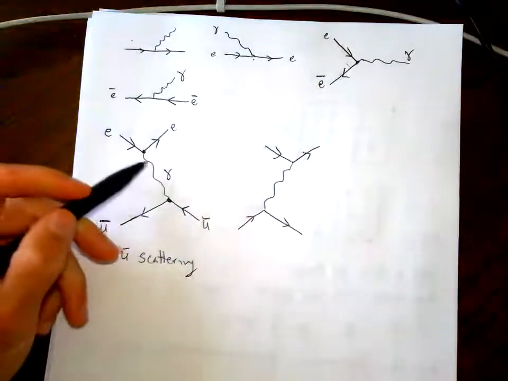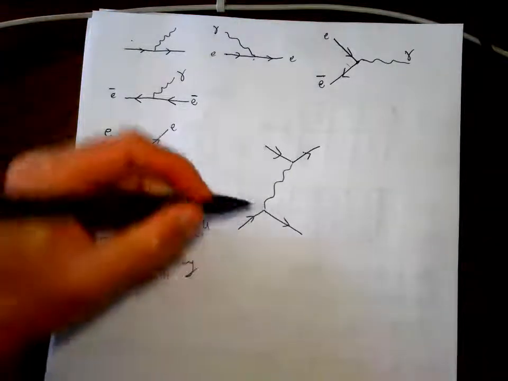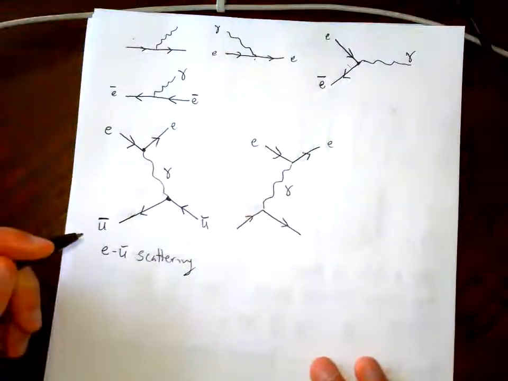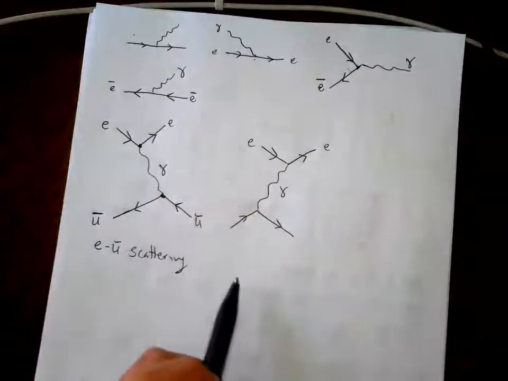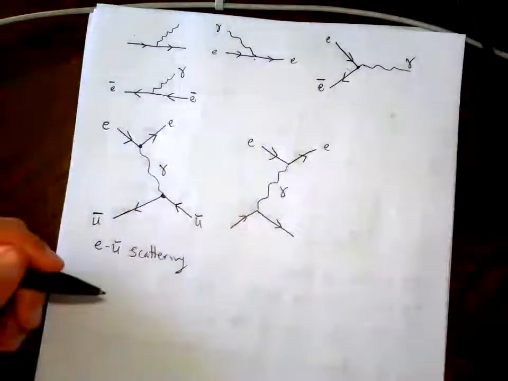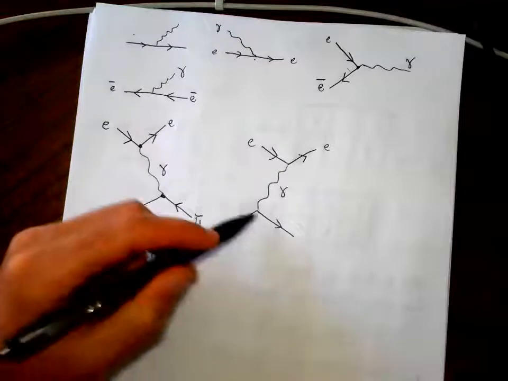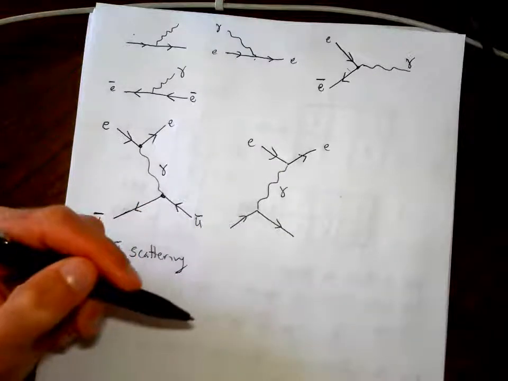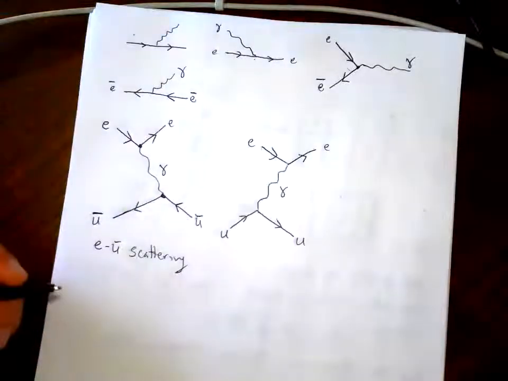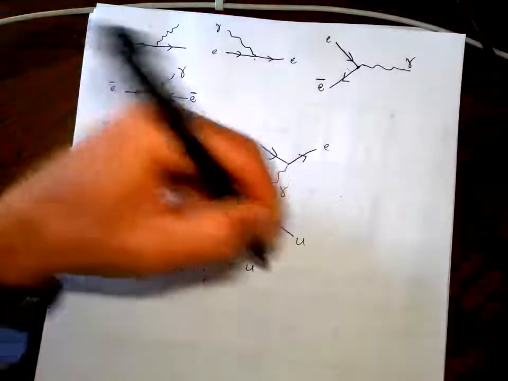So it doesn't matter really which comes first. So in this diagram, the electron emitted the photon. And in this diagram, the electron absorbs the photon, you see. Notice how this arrow, I was sneaky. This arrow is now going with the direction of time. So that's a particle. So this would be maybe an up quark. So this would be electron up quark scattering.